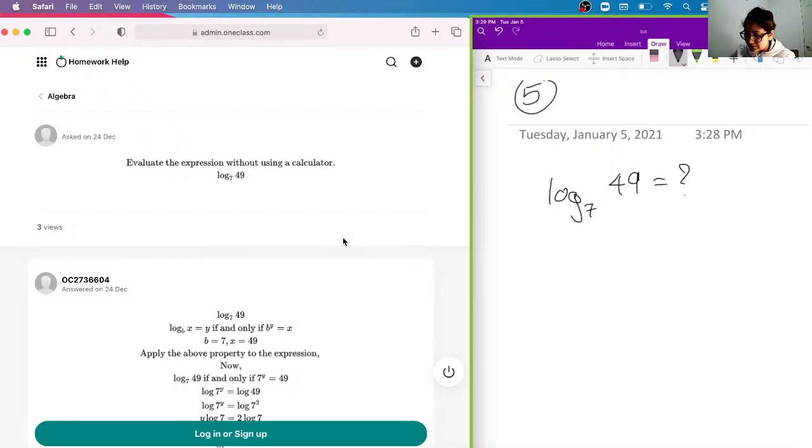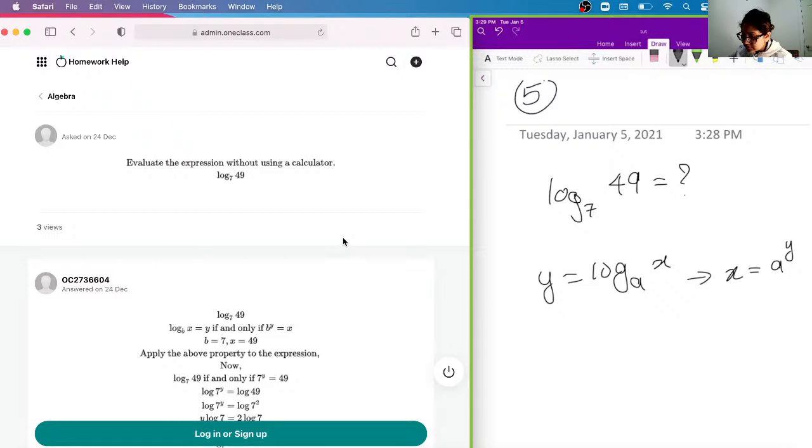If you go back to our basic formula of any log function, it's basically y equals log base a of x, if and only if x is equal to a to the power of y. So we have to apply the above property here.